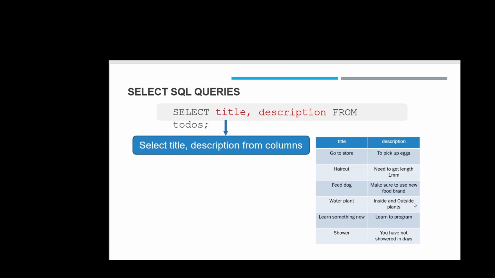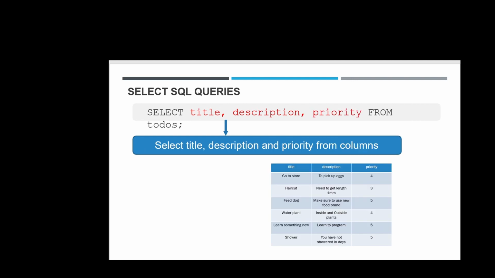We can also select multiple columns, separating them with commas: title, then description, from to-dos. In this case we will have two columns printed, the title and the description, with all the corresponding values. If we want more than two, we can specify as many columns as we have in the database and select all of them.